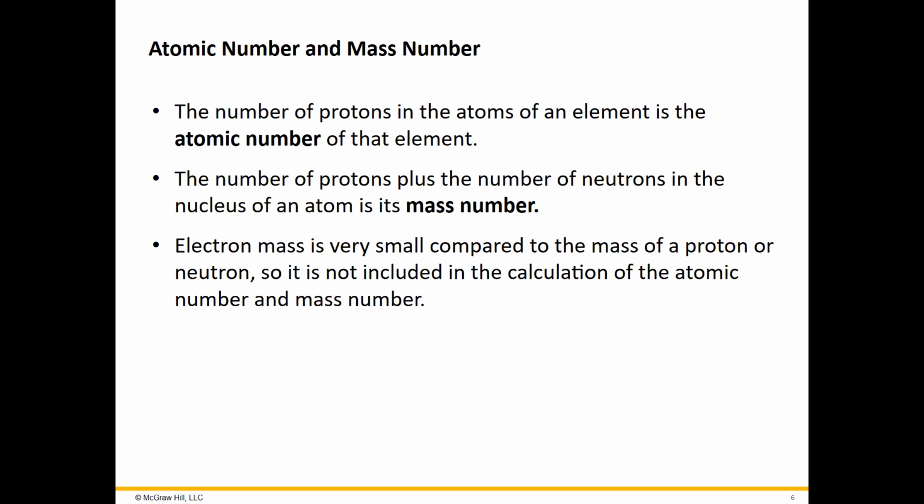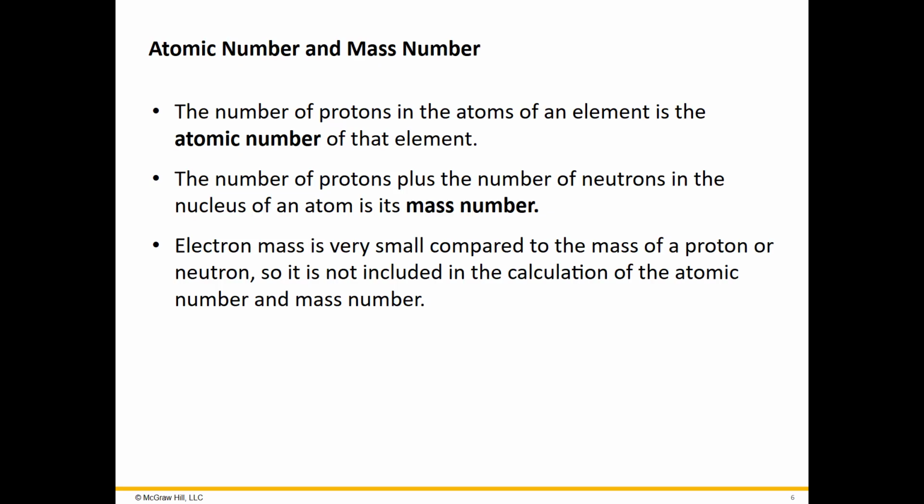When we talk about atomic mass and atomic number, again, just know the atomic number is the number of protons in an atom. Hydrogen has 1 proton in its nucleus. The atomic number of hydrogen is 1. The atomic mass, or the mass number, is the protons plus the neutrons.